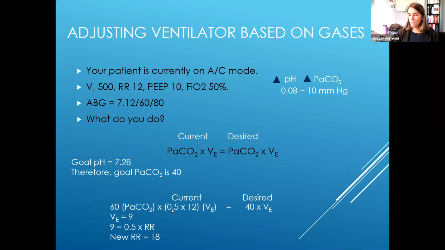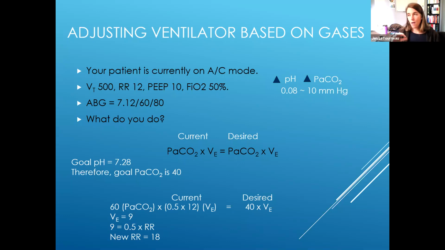So it's 60 times 6 divided by 40, which equals 9. So the desired minute ventilation is 9. Let's say that you want to keep your tidal volume the same. So you take 9 equals the tidal volume times the new respiratory rate. New respiratory rate is 18. That's the vent change that you make.